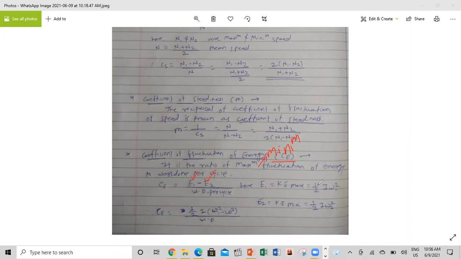The common term is 1 by 2 I. So the final formula for the coefficient of fluctuation of energy is CE equals 1 by 2 I in bracket omega 1 square minus omega 2 square divided by work done per cycle.